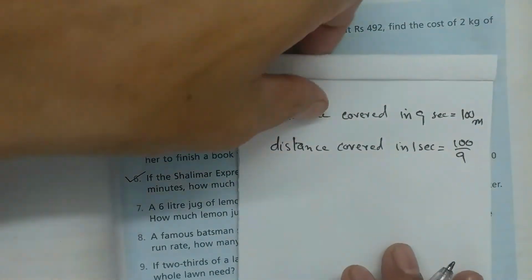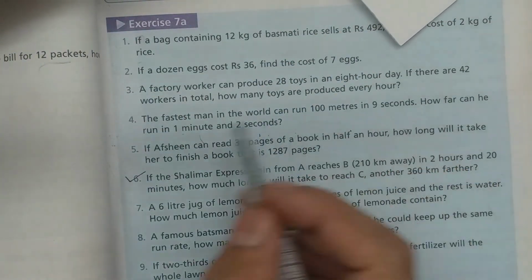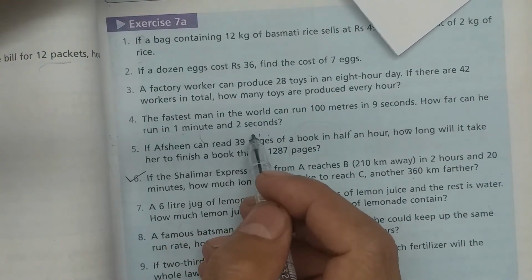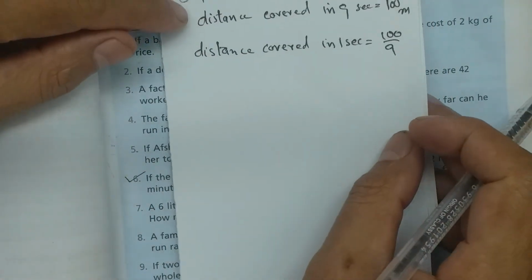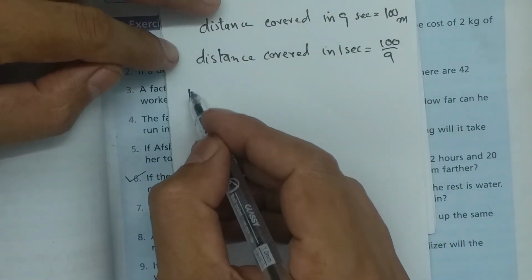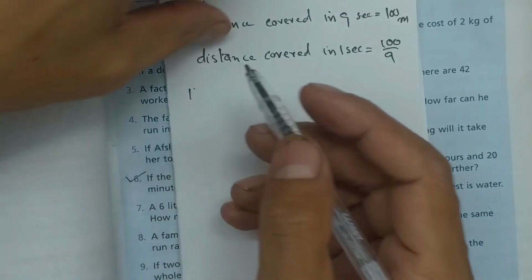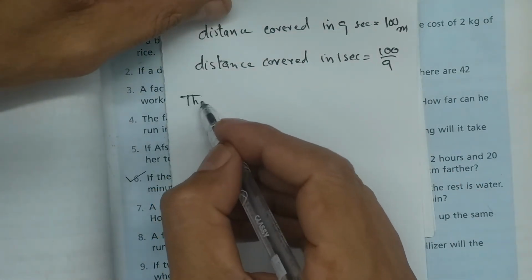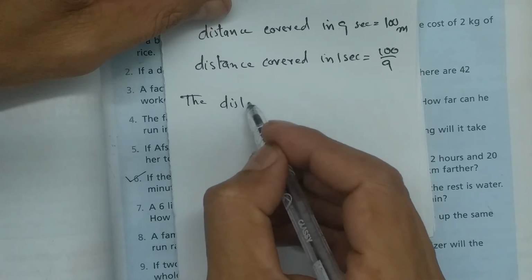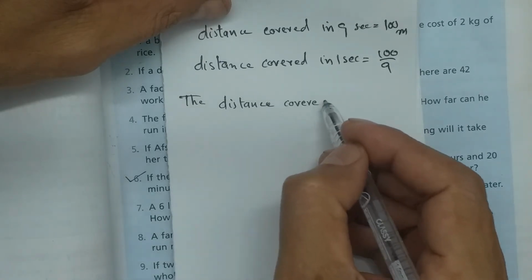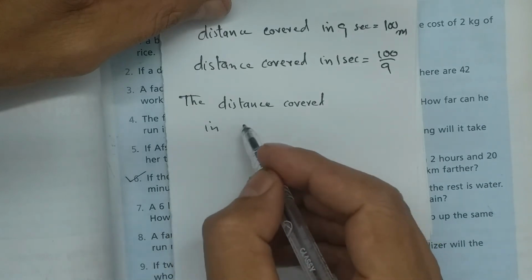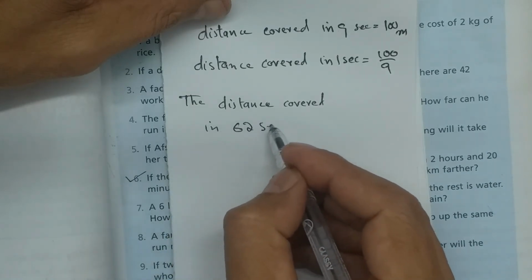Now, how far can he run in 1 minute and 2 seconds? 1 minute and 2 seconds means 62 seconds. The distance covered in 62 seconds.